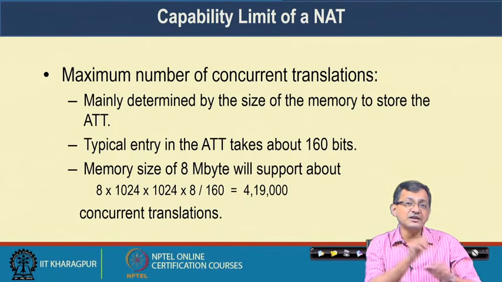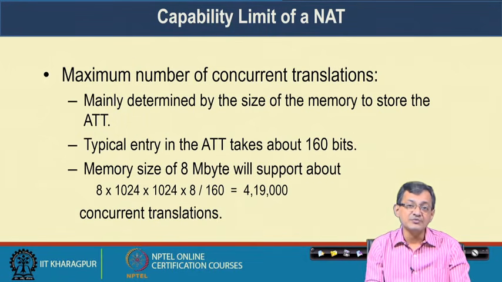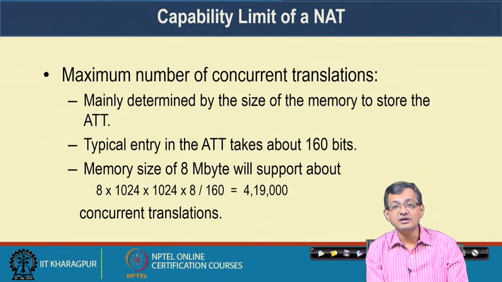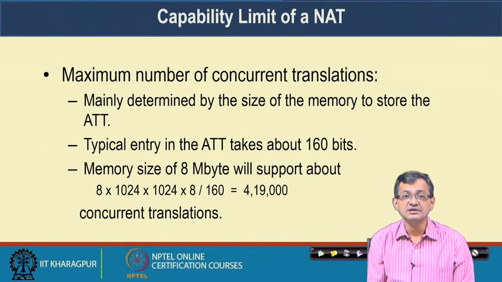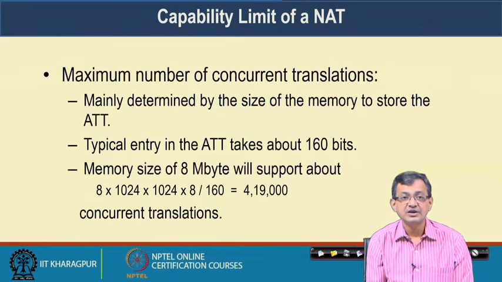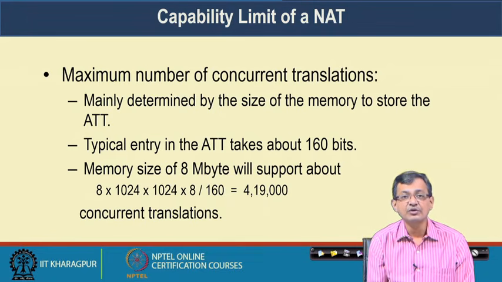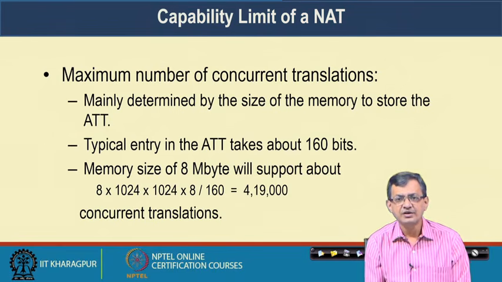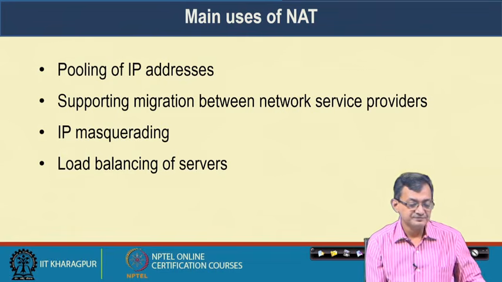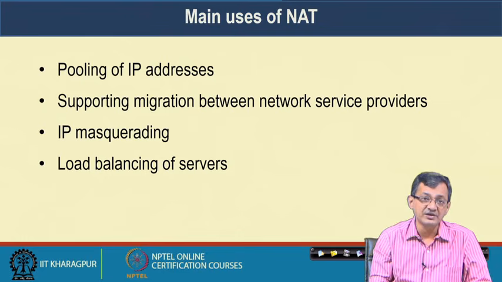The capability of NATing, the maximum number of concurrent translations it can do, is typically determined by the size of the memory used to store the ATT. The ATT takes about 160 bits per entry. So, a given memory size will support that many concurrent connections, which is pretty high for any organization. The main uses are pooling of IP addresses and supporting migration from a network service provider.